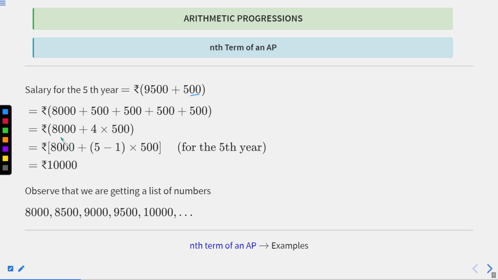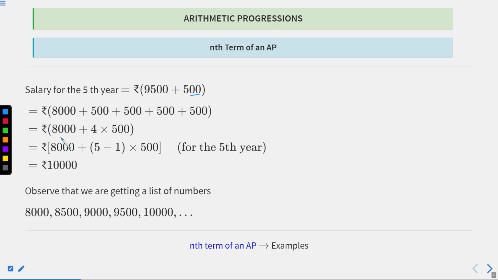So this is equal to rupees 8000 plus 5 minus 1 times 500. So for the fifth year, the salary would be 10,000.